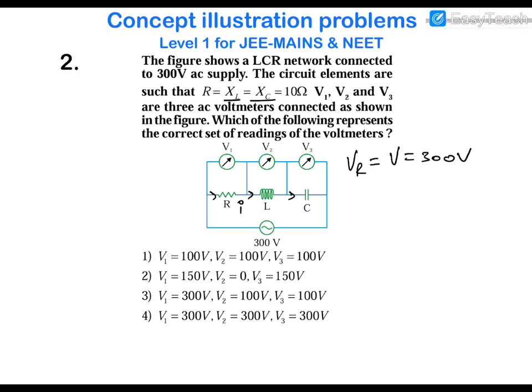So if XL and XC are equal to each other and they are equal to R, therefore we can also say that VL will be equal to VC and that would be equal to VR. And obviously, as we have already discussed, VR will be equal to 300, so they will be equal to 300. So all of these three voltages will be equal to 300, and therefore the correct answer would be the fourth. Now let's move on to the next question.